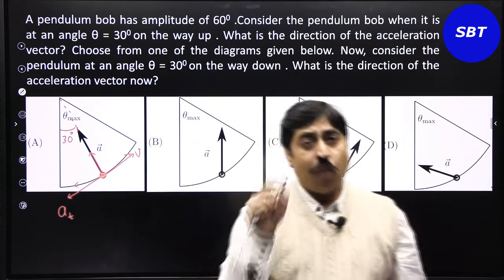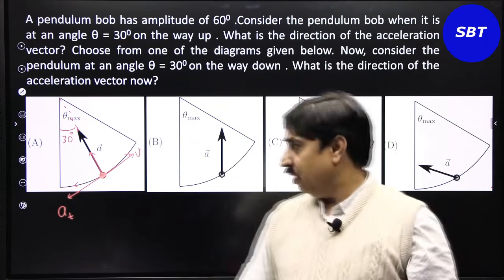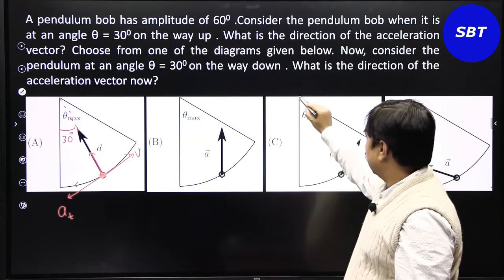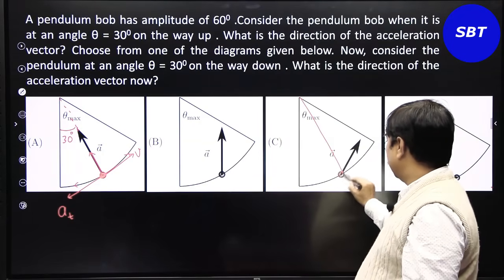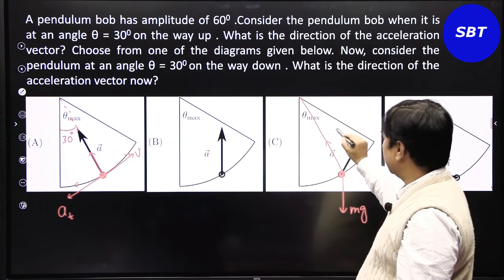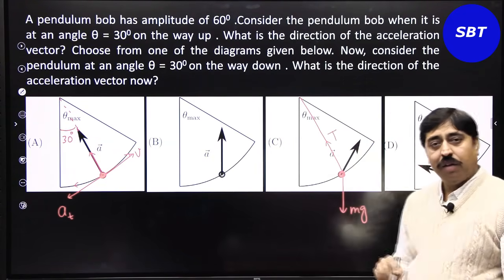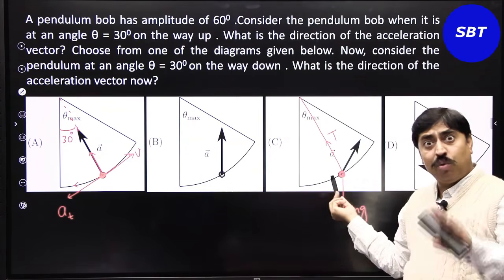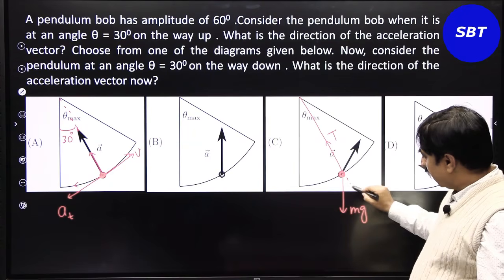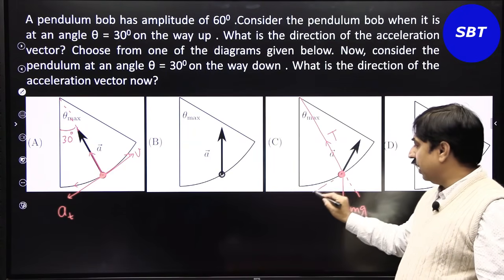If you ask me why there is a tangential acceleration, the answer is pretty straightforward, because I'll just use this diagram. On this pendulum bob, there are only two forces, mg and tension in the string, right? We can resolve this force mg into two components, one along the radius in this direction and one along the tangent.